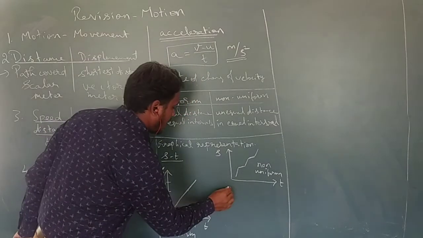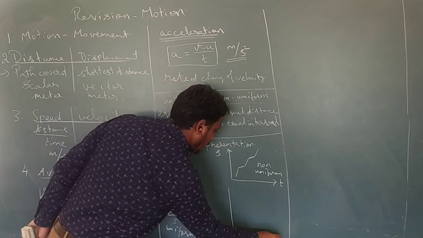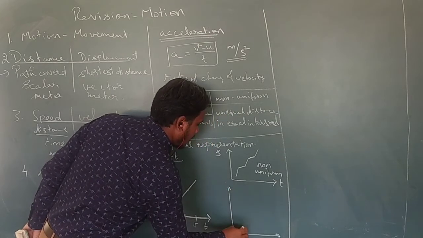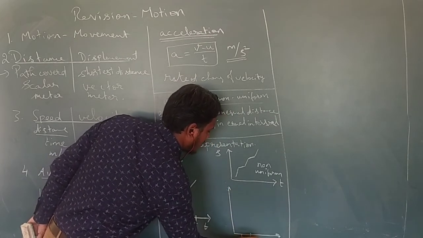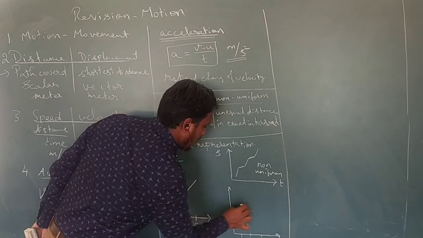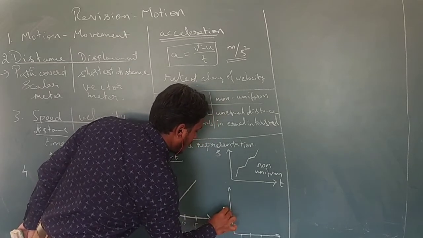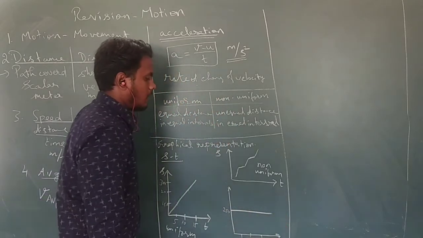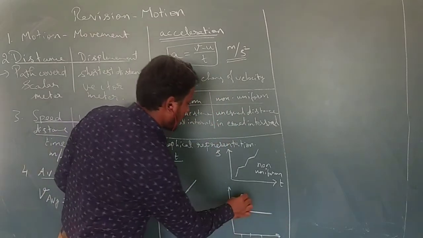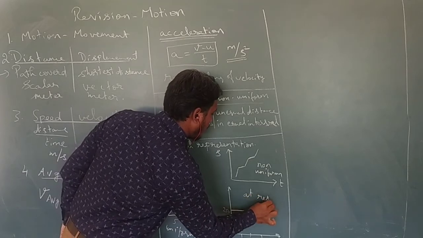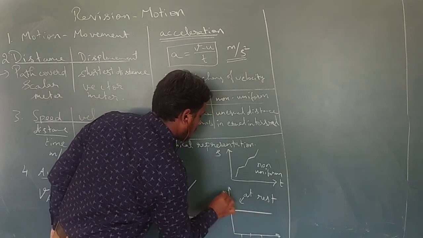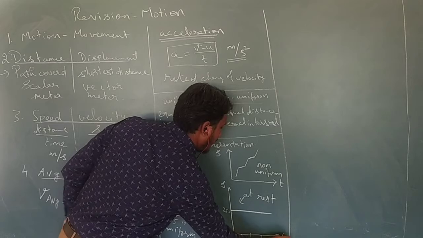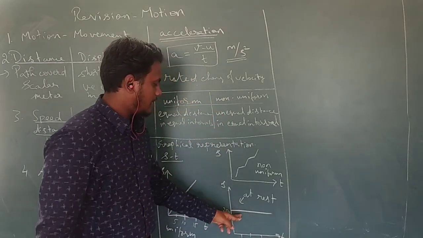And lastly, an object at rest. If an object is at rest, then at 5 minutes, 10 minutes, 15 minutes, however many minutes you take, the object will be at, let's say, 250 meters away. At that point it will stay forever. This is called an object at rest in a distance time graph, because with respect to time the distance does not change.